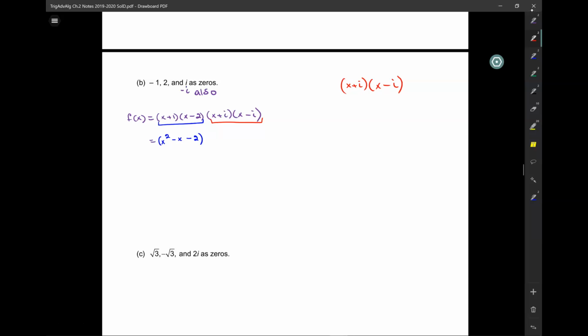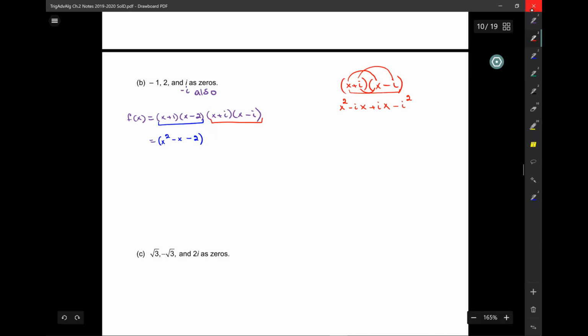Again, I'm going to do first terms, outer terms, negative ix, inner terms, positive ix, last terms, negative i squared.